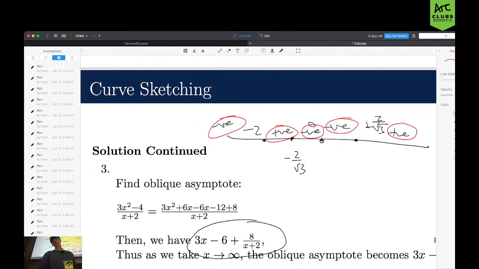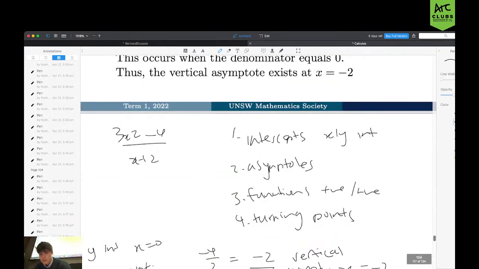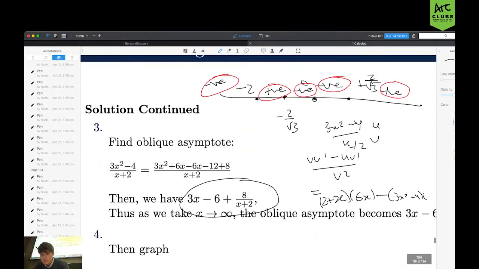And if we quickly determine the turning points of this function, using the quotient rule to differentiate it, we have 3x squared minus 4 on x plus 2. Call this u, call that v, then the derivative is v u dash minus u v dash over v squared. So that's going to be x plus 2 times the derivative here, 6x, minus 3x squared minus 4 times 1, all over x plus 2 squared.